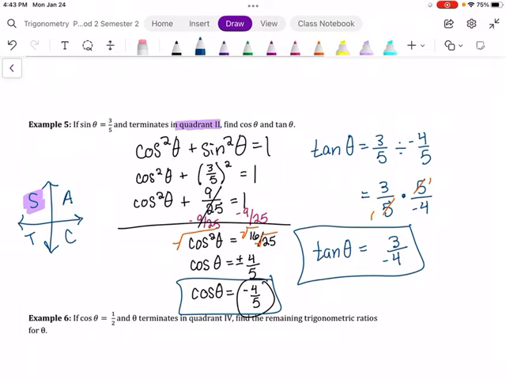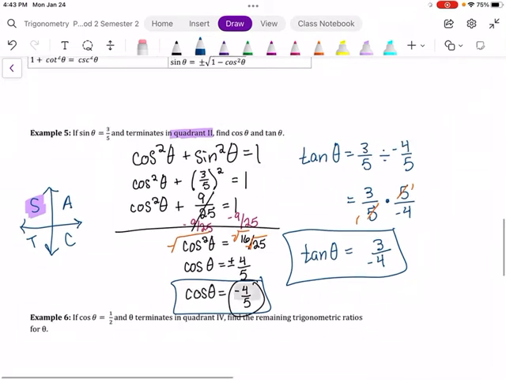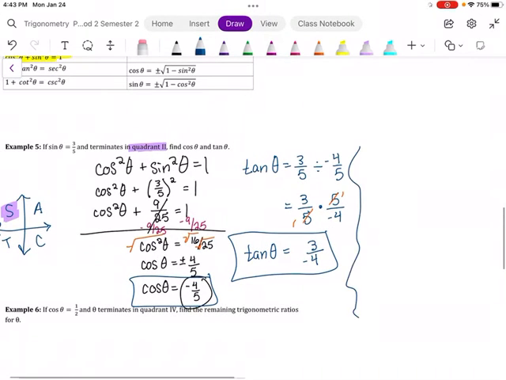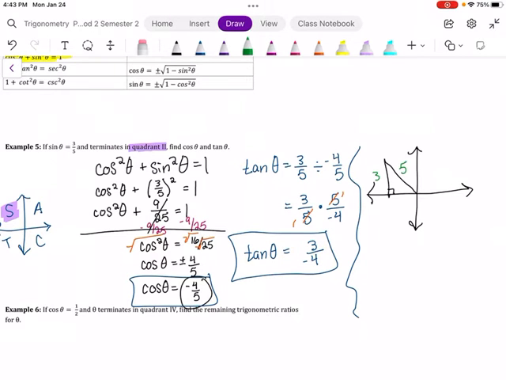So this is one way you could solve a problem like this. The other way, you could just use what we've already been doing, and that is drawing a picture and filling in what we know. So we know we have sine being 3/5. We can solve for that missing side, and in this example it would be 4.